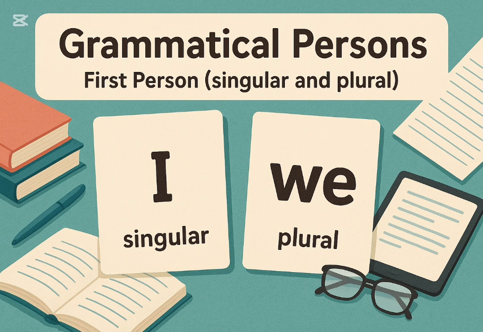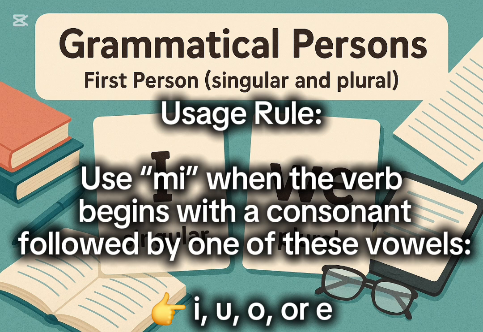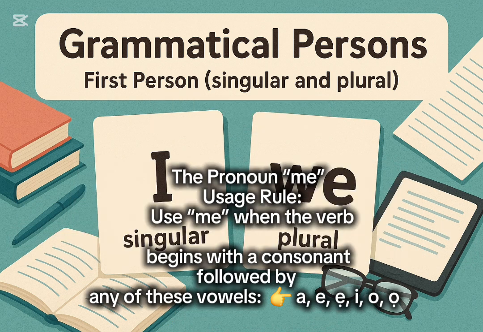So after the first verb initial consonant, the vowel sound that follows plays a crucial role as to whether you will use mi, mẹvwẹ, or mẹ, which are the first person pronouns in Urhobo language. As we have said before, use mi when the verb begins with a consonant followed by I, U, O, or E. Then you use the pronoun me when the verb begins with a consonant followed by A, E, I, O, or O.